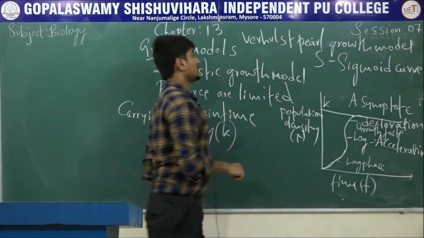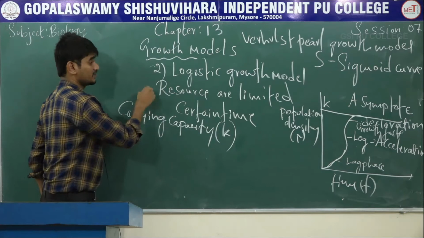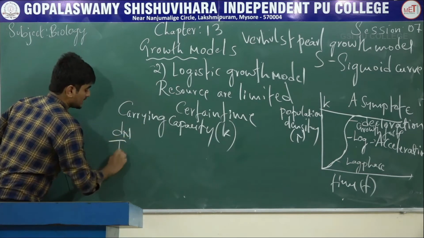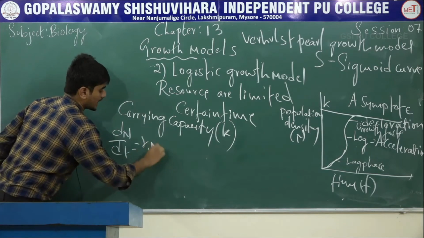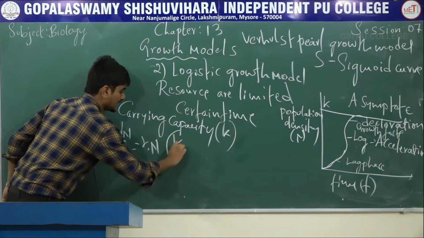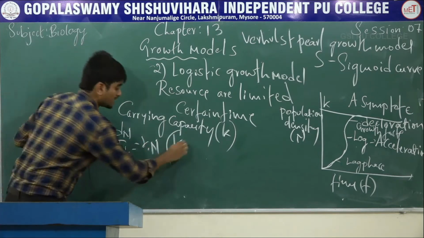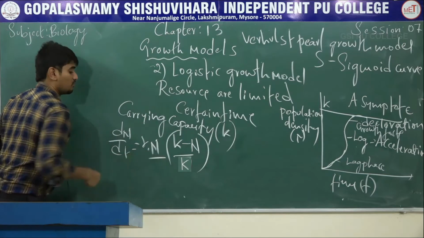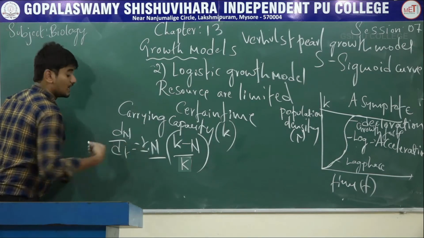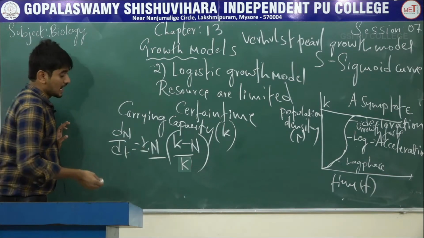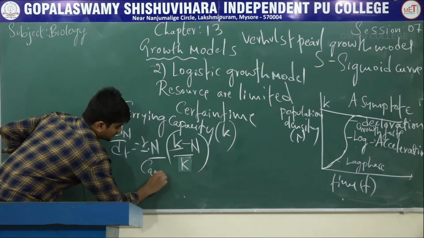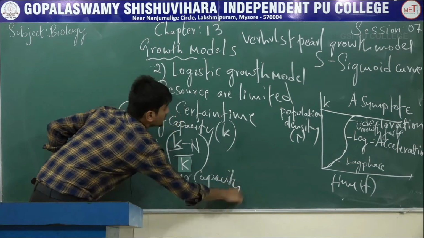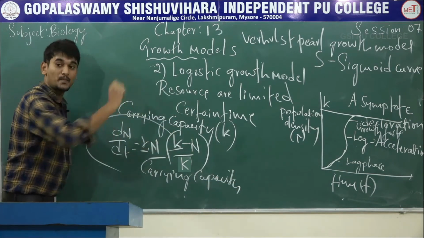The equation for the logistic growth model is dN/dt = rN (K - N)/K. Here N is the population size, r is the intrinsic rate of natural increase, and K is the carrying capacity. So this is the equation for the logistic growth model.